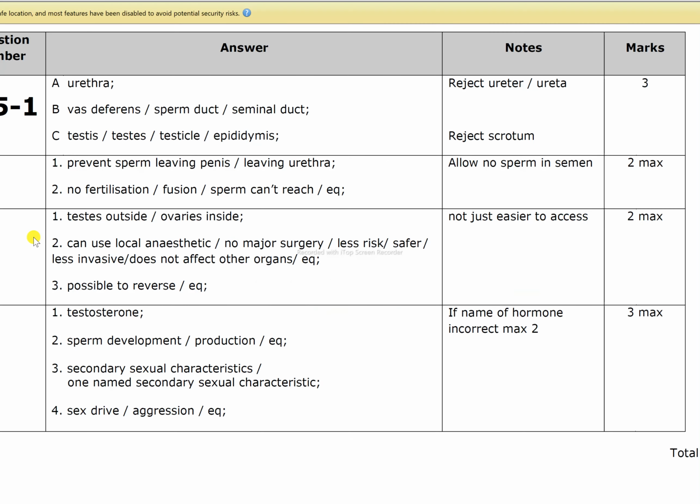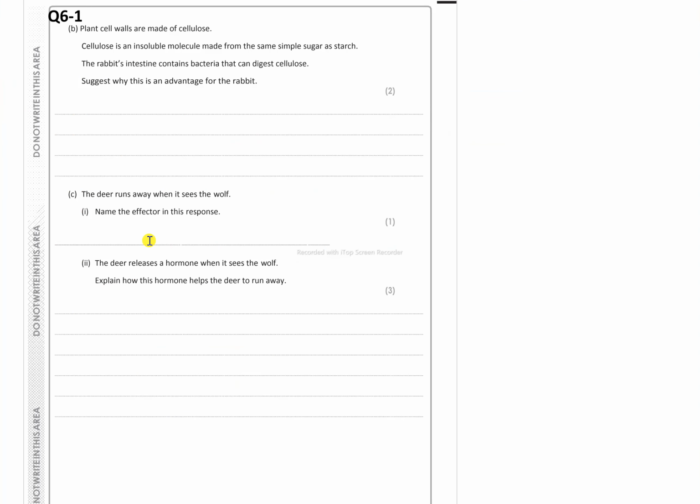Right, you can pause this and go through question 5. We'll move on to question 6 quickly. This video is going to get too long. Right, with question 6, plant cell walls are made out of cellulose. It's good to know that, actually.